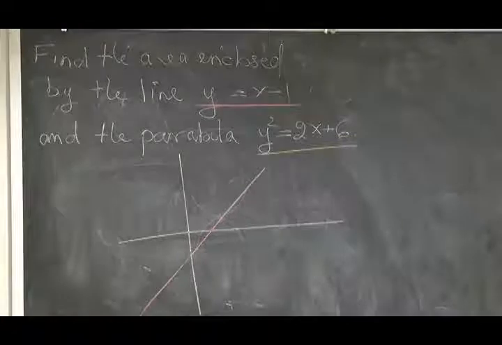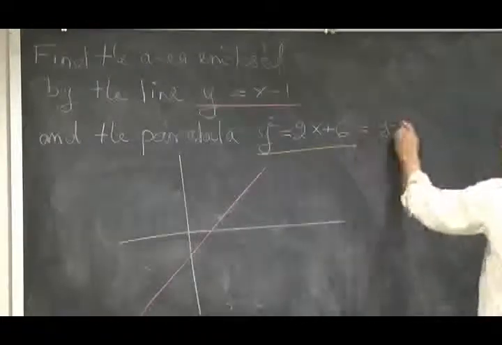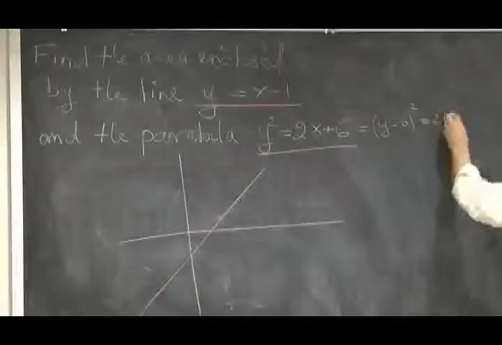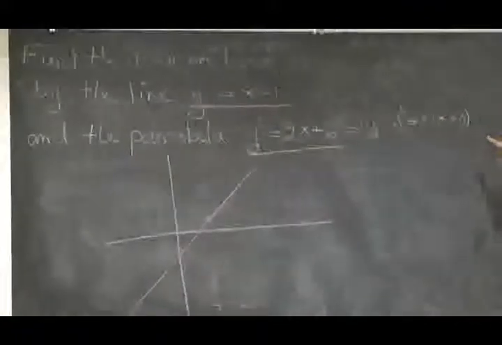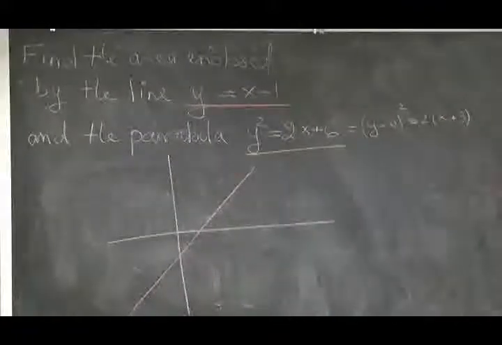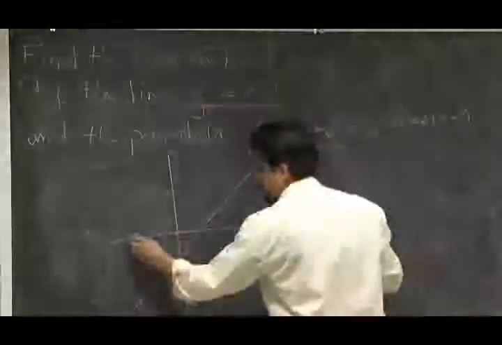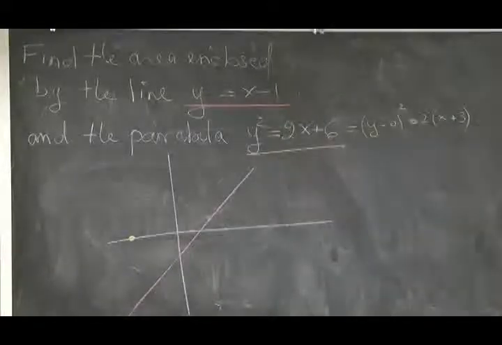In this case, it opens to the right, right? And actually, if I write this y minus 0 squared equals 2 times x plus 3, then I can read the vertex very quickly. What's the vertex of this parabola? Minus 3, 0, right? So it's somewhere here. And it opens to the right. Yes? Okay?